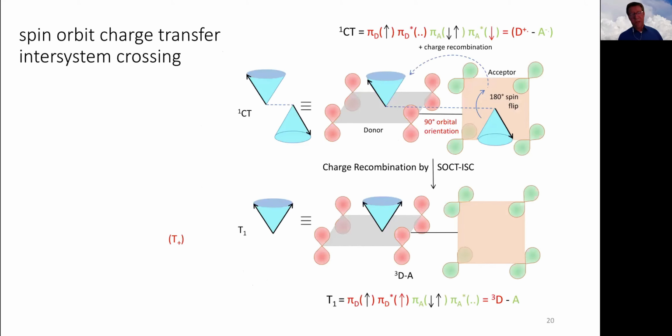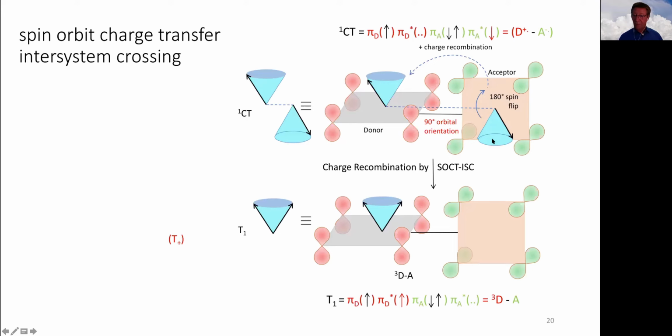So trying to visualize this spin orbit charge transfer intersystem crossing mechanism, we do this. So here we have again this singlet charge transfer state. This is the oxidized donor, this is the reduced acceptor, and it has a singlet character.